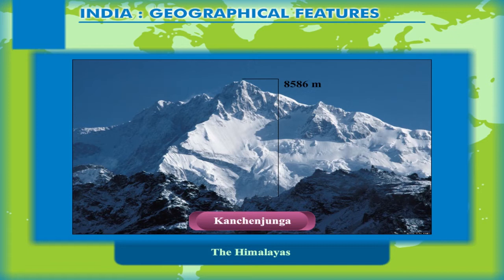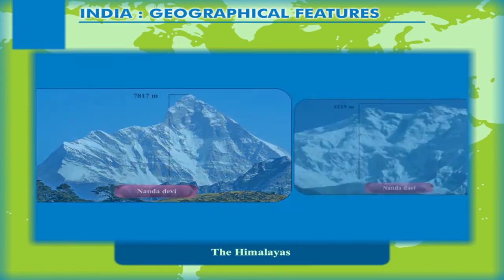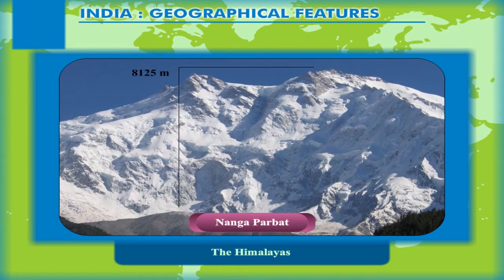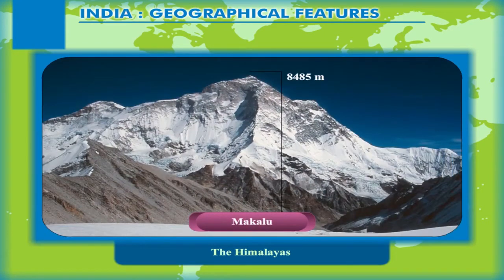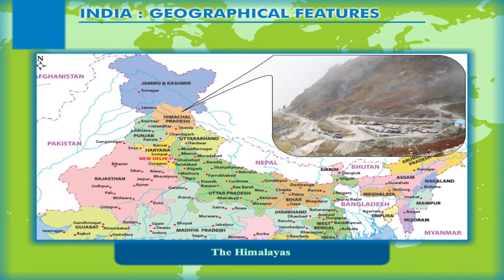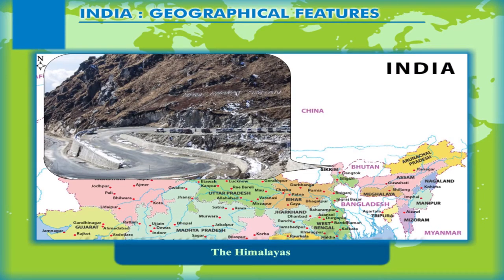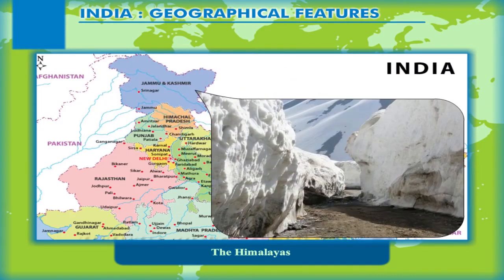Some other high peaks of the Greater Himalayas are Nanda Devi, 7,817 meters, Nanga Parbat, 8,125 meters, Makalu, 8,485 meters, Manaslu, 8,163 meters, etc. Several passes also lie in this range at great elevation, namely Bara Lapcha La and Shipki La, Himachal Pradesh, Thaga La, Niti and Lipu Lekh, Uttarakhand, Nathu La and Jelep La, Sikkim, and Burzil and Zoji La, Jammu and Kashmir.